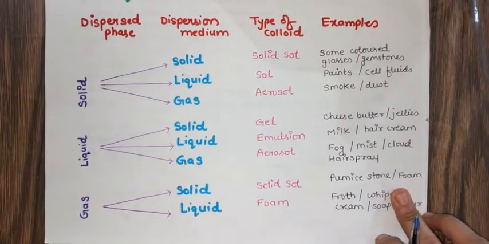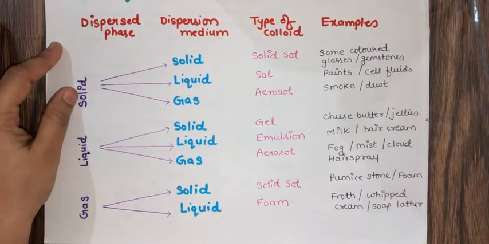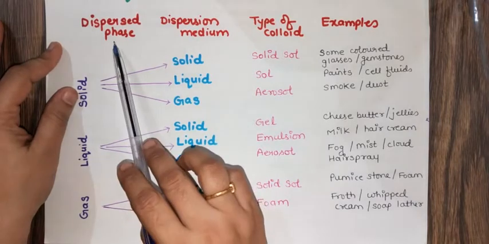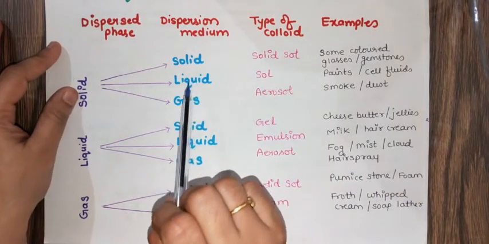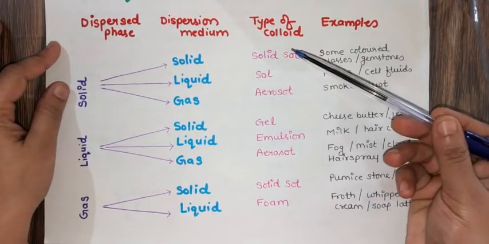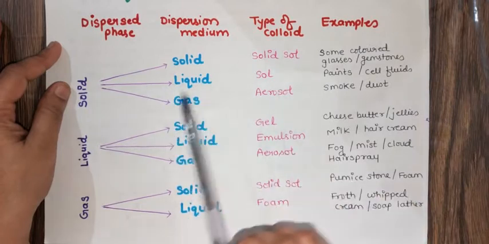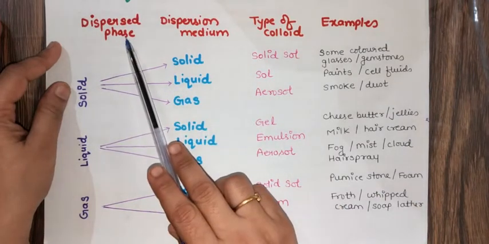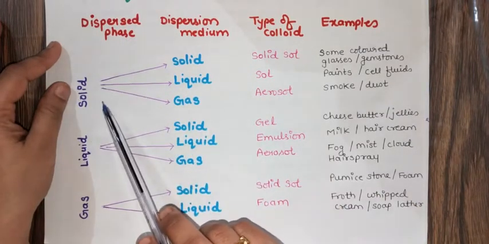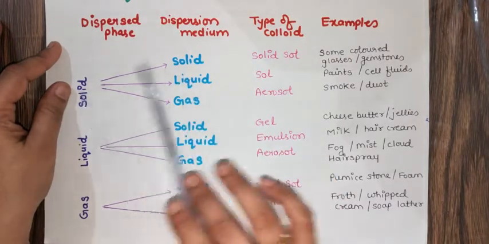Now let us discuss some of the types of colloids. Colloids, on the basis of dispersed phase and dispersion medium, are of this type, with examples. Let us discuss what happens when the dispersed phase is solid and dispersion medium is solid.